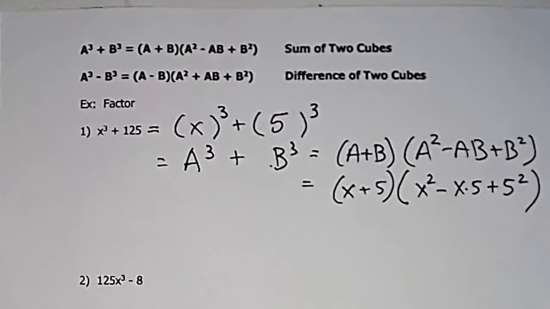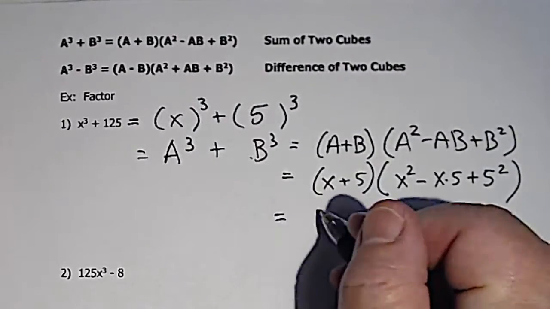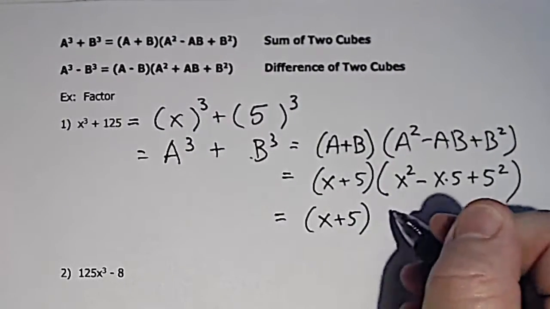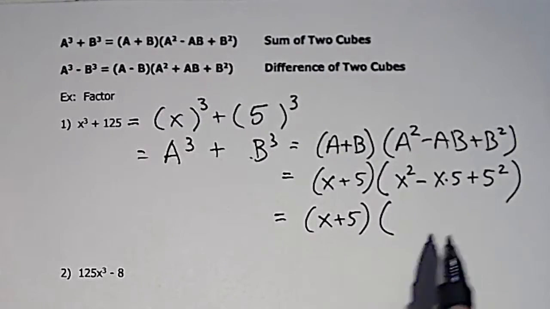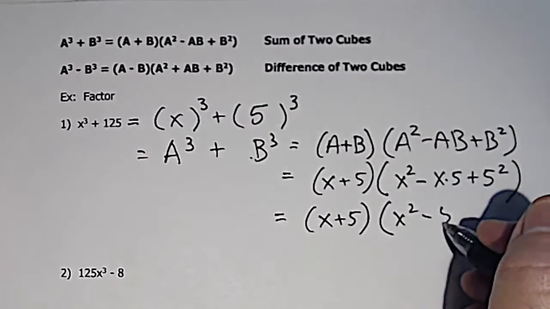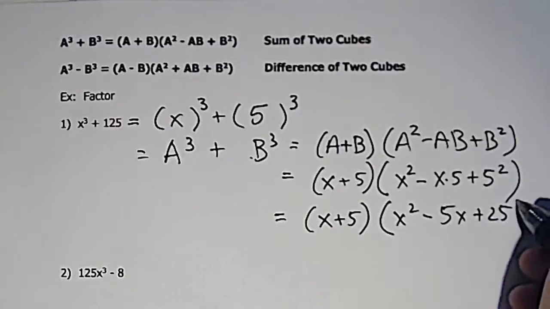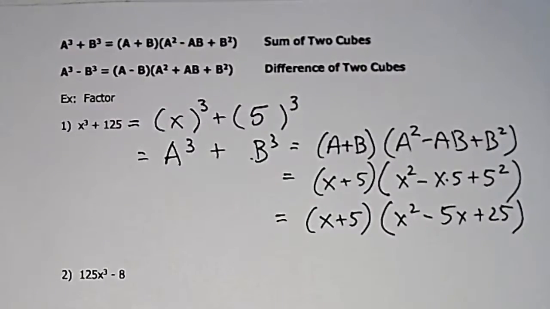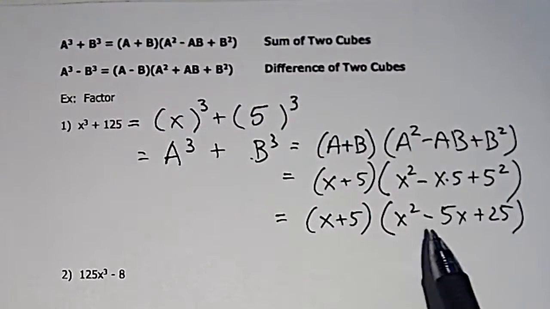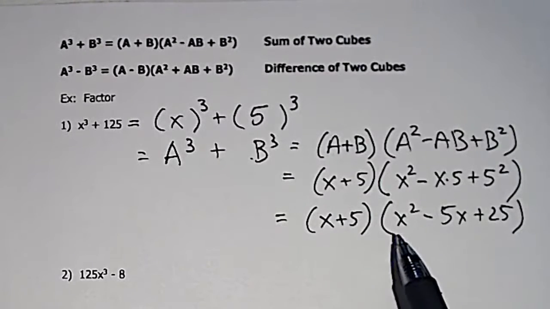So then what I've got is x plus 5 times the quantity x squared minus 5x plus 25. Now, all of you are like, oh no, this is a trinomial. We're going to have to factor this. I'm going to say, nope, this is the one silver lining.